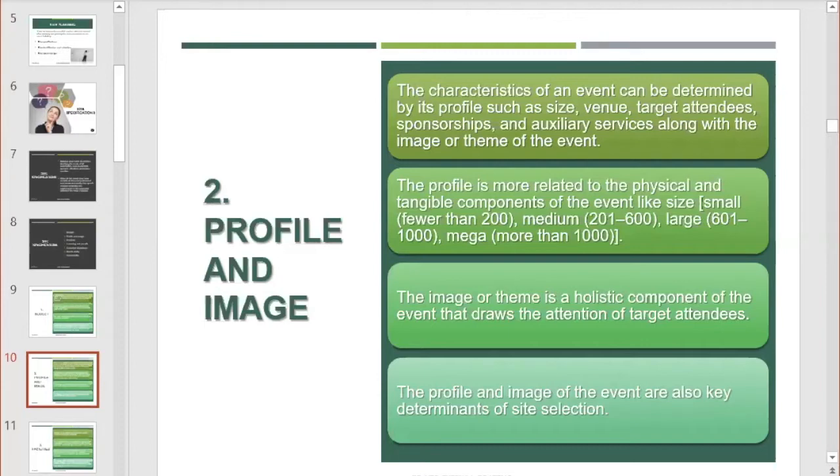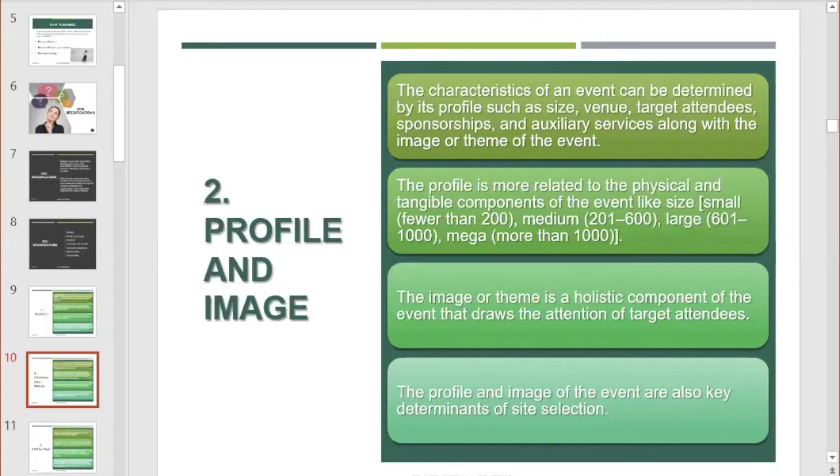The characteristics of an event can be determined by its profile, right? Such as the size, the venue, the target attendees, sponsorships, and auxiliary services, along with the image or theme of the event. In the case of the Kensi 2020 event, it was all about the target attendees. It was the wedding of a business mogul who is very well known in Ghana and was expected to host a number of dignitaries.